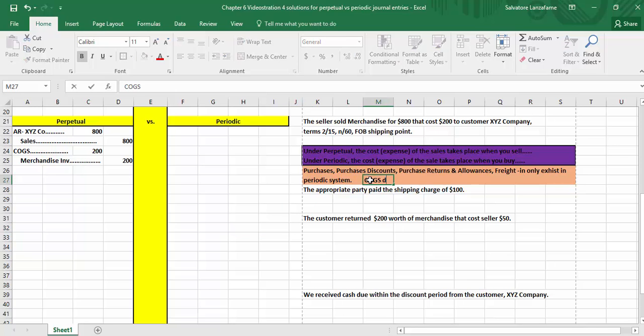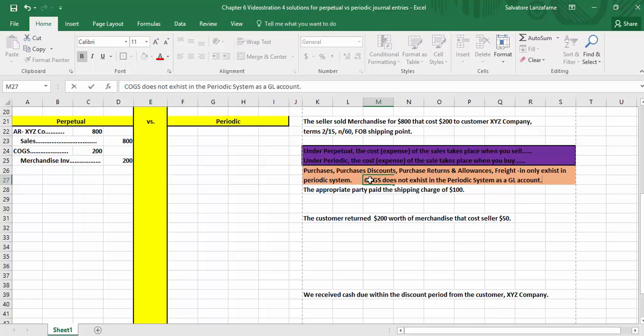Cost of goods sold does not exist in the periodic system as a GL account, meaning you don't debit or credit cost of goods sold because it's not a debitable or creditable account. It does not exist in the general ledger under periodic.